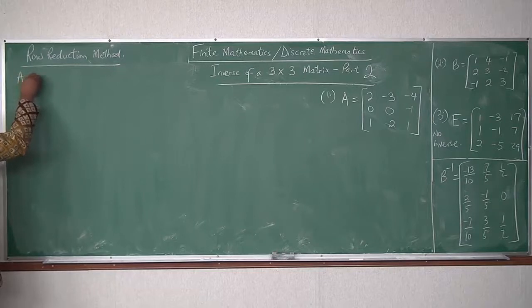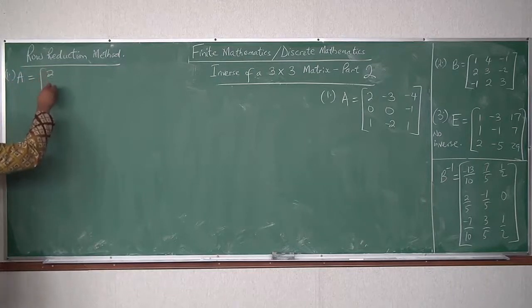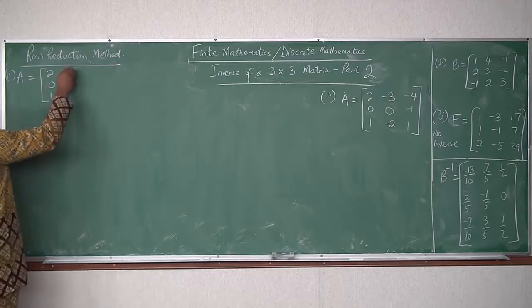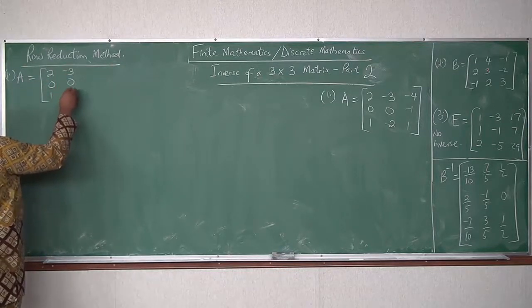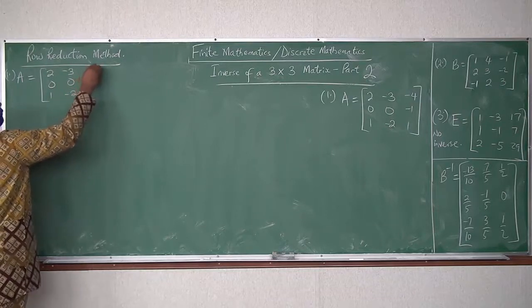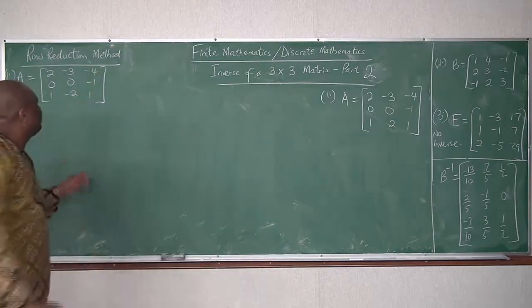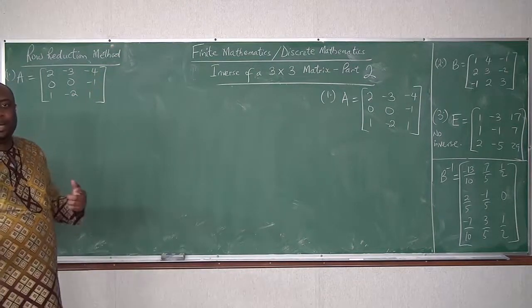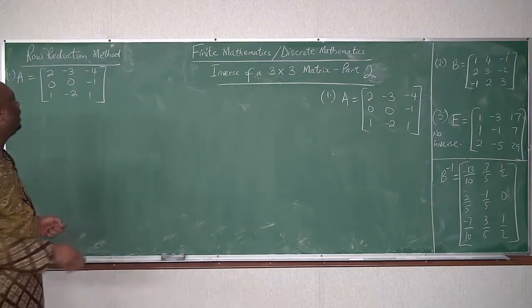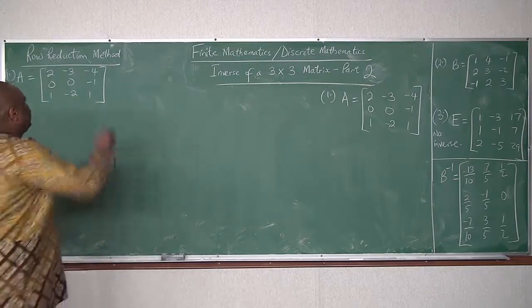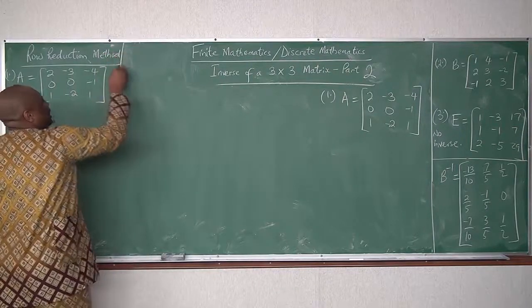This is number 1. A is 2, 0, 1 by column, -3, 0, -2, -4, -1, 1.